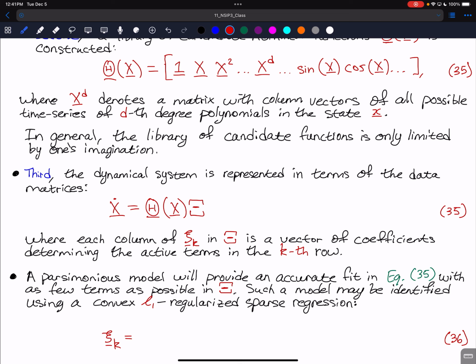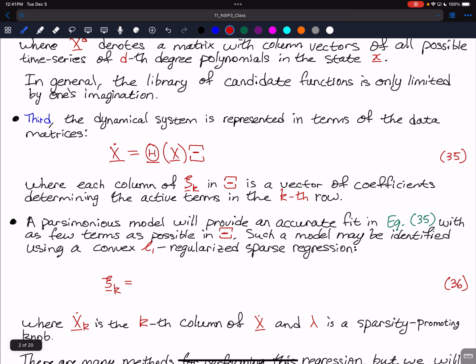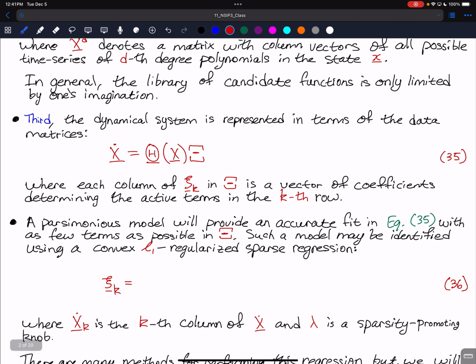So each column in this capital C matrix is a vector of coefficients determining the active terms that are in the kth row. And we'll see a little bit when we look at their example. So the goal is to produce a model that has an accurate fit using equation 35 with as few terms as possible in that capital C matrix.